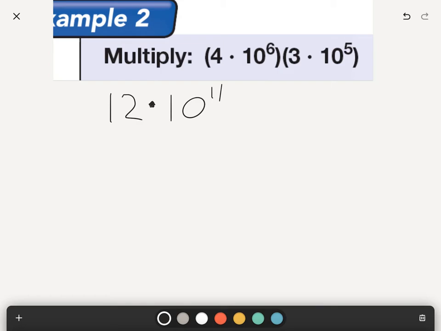No. Goodness, no, because... Oh, wait, yes. You could first 12 times 10 to the power of 11. 12 isn't proper because it has to be a number between 1 and 10, so it has to be 1.2. Okay, great. Yeah, my decimal's in the wrong spot.